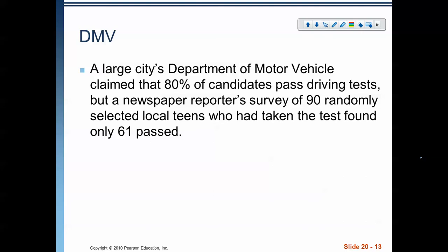So let's go back to our DMV example. We have the 80% claim, but the survey showed 61 out of 90. So are these conditions satisfied? The first thing is, is it random? Well, I'm going to go back to my question stem and look at that. It says 90 randomly selected local teens.